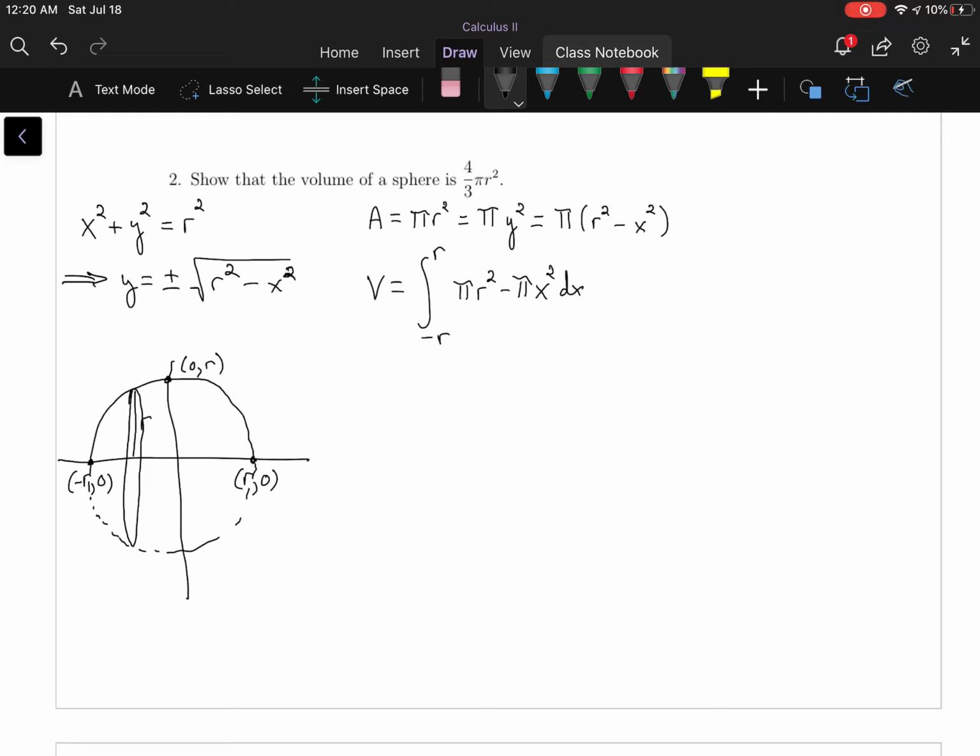It's important to keep that detail in mind. Let's go ahead and integrate. So we've got pi r squared x minus pi x cubed over 3. We're evaluating this from negative r to positive r.